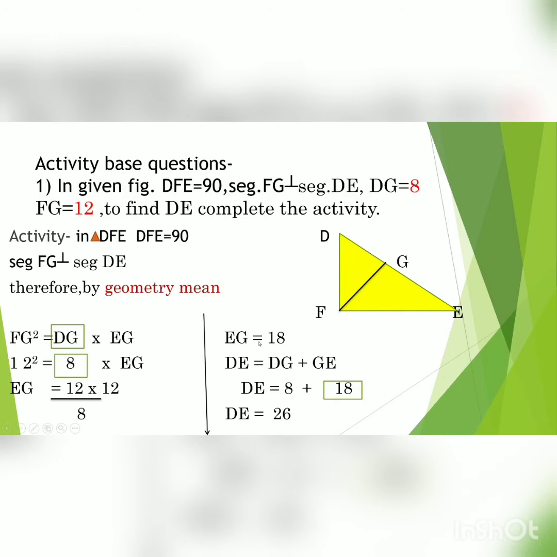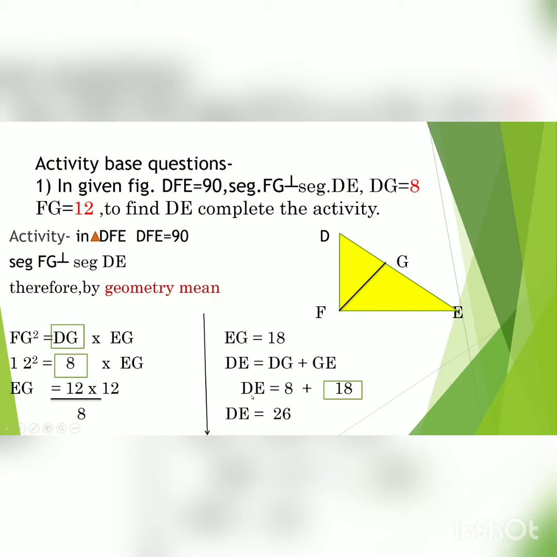But you have to find the value of DE. So DE is equal to DG plus GE, that is DG plus EG. We found the value of EG and DG is given.